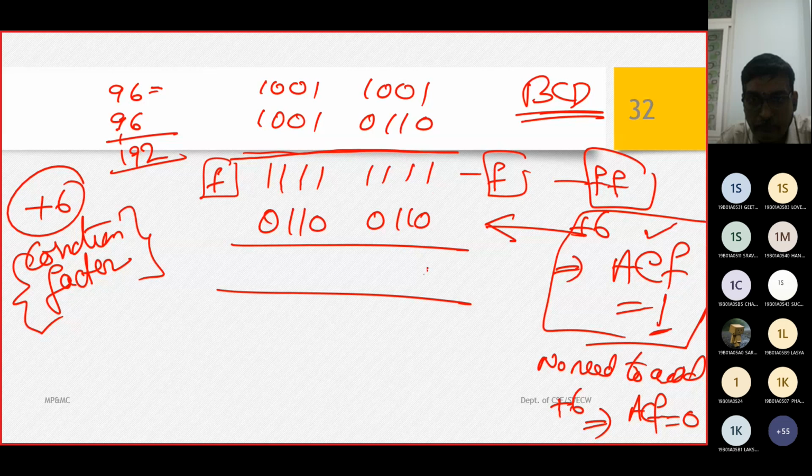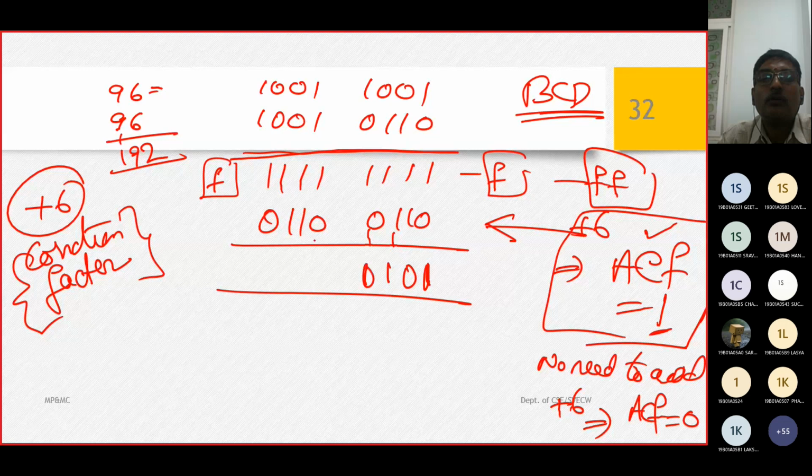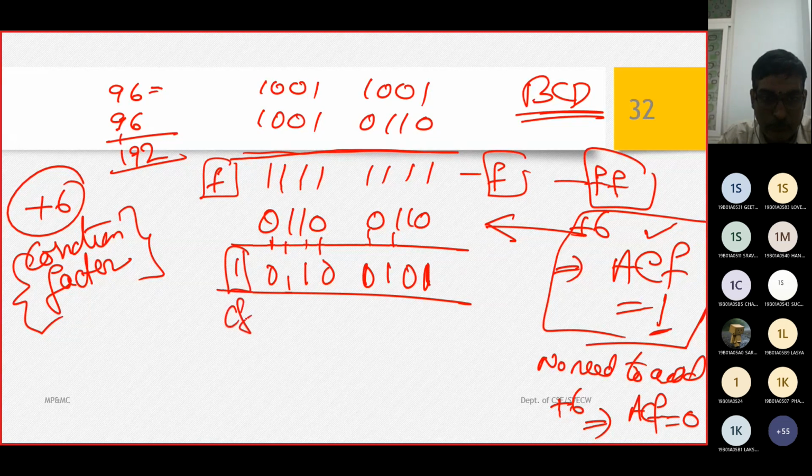So 1 plus 1 is 0, 1 plus 1 is 0, 1 and 1 plus 1 is 1, 1. 1 plus 0 plus 1 is 1, 1 plus 1 is 1, 1. 1 plus 0 is 1, 1 plus 1 is 0, carry 1.